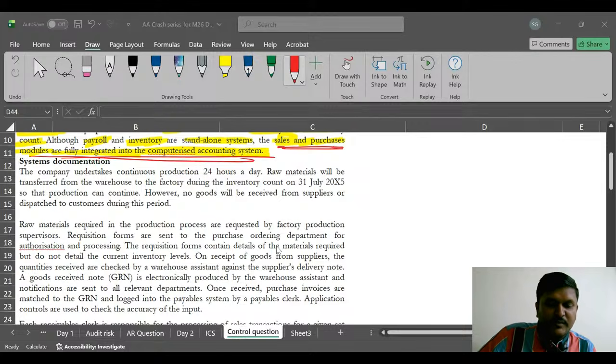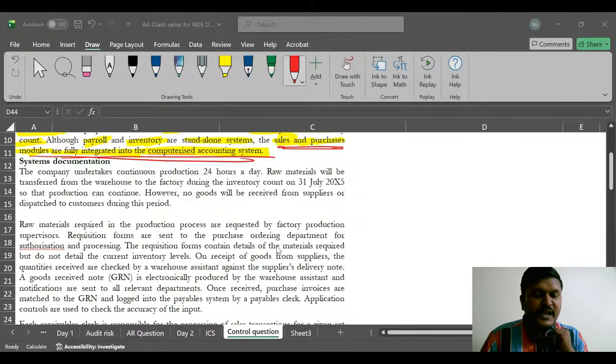Raw materials will be transferred from the warehouse to the factory during the inventory count on 31st July 20x5 so that production can continue. However, no goods will be received from suppliers or dispatched to customers during this period.